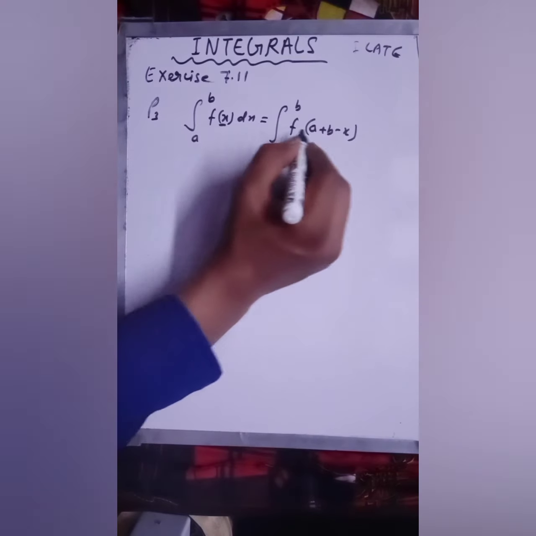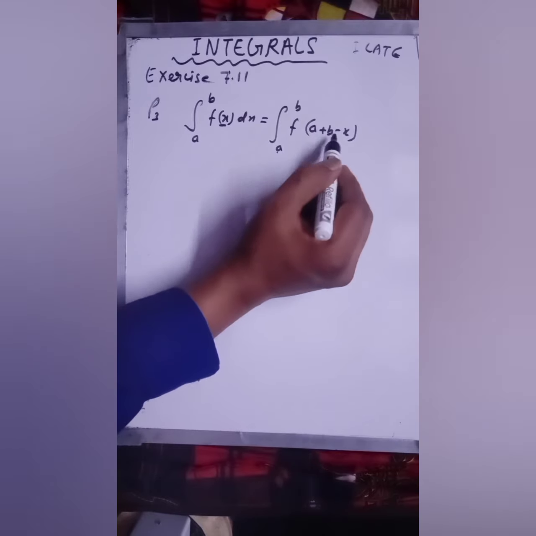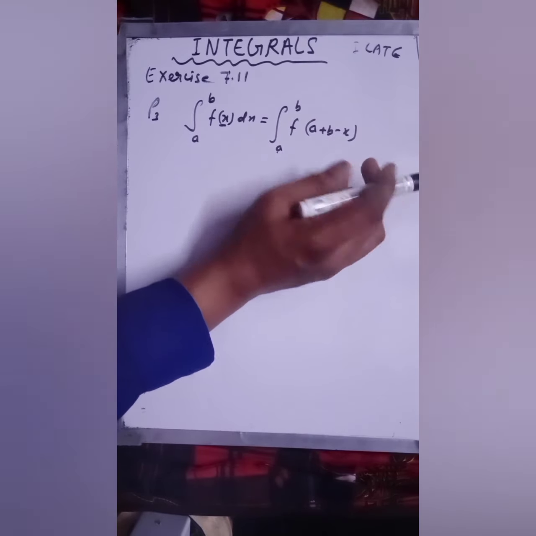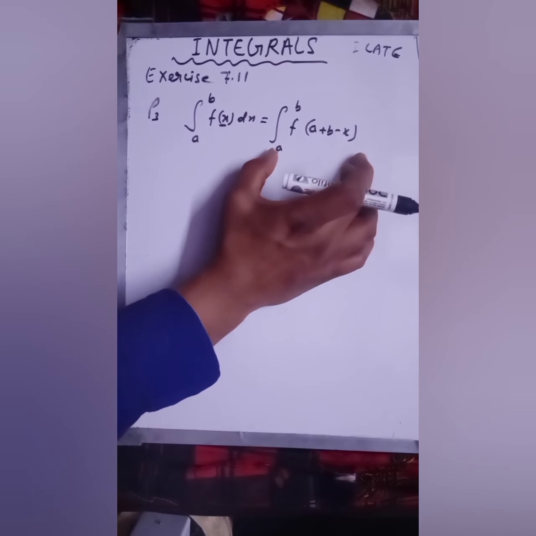At the place of x you can put this value: a is this, b is this, minus x. If we do one question related to this property, then we will understand what we are doing here. So let me open the book first.